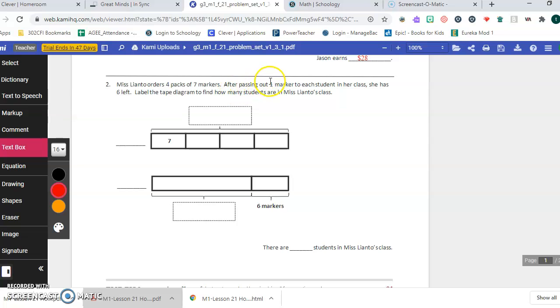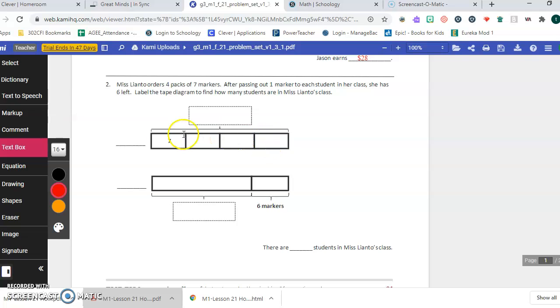After passing out 1 marker to each student in her class, okay, this is a little tricky. I don't know how many students are in her class, but I know that she gives them each 1 marker, so every marker would represent 1 student. She has 6 left over. Oh my gosh. All right, so this is my total number of markers, and it's higher.